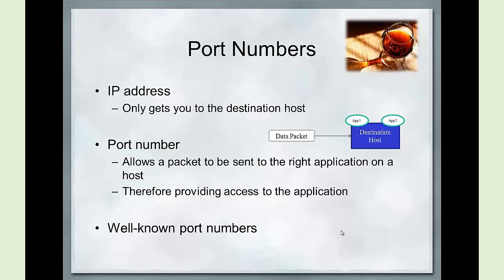Otherwise, there's no way you can get to the individual applications once you have your packets arriving at the destination host. So the port is probably the last mile link between the data packet arriving at the destination host and the applications running on the destination host itself.